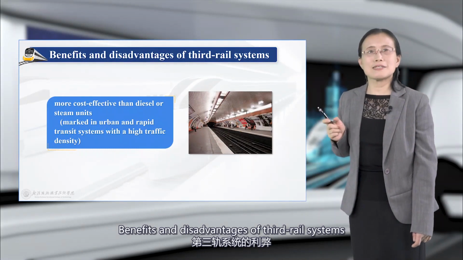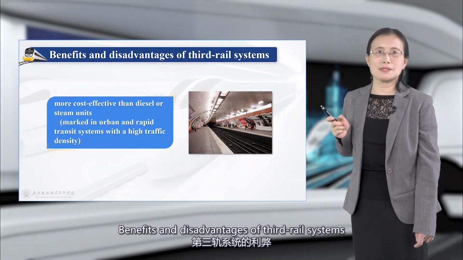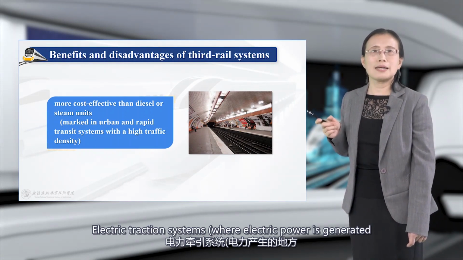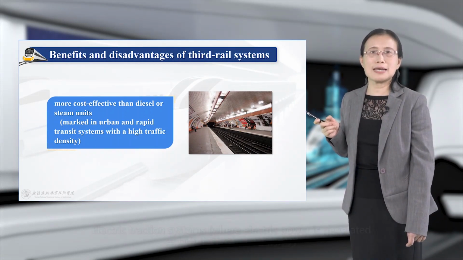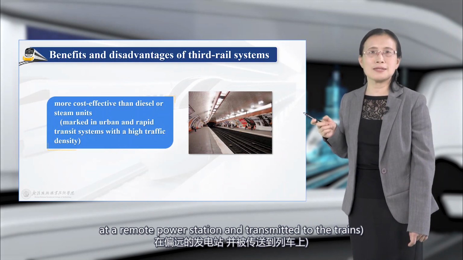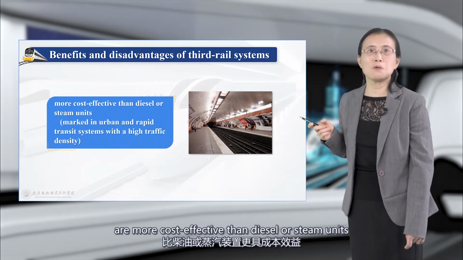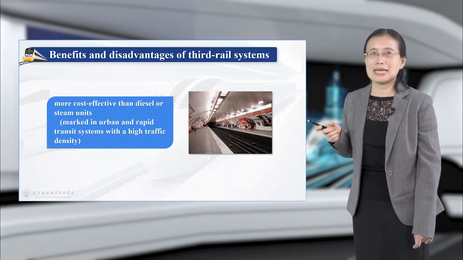Benefits and disadvantages of third rail systems. Electric traction systems, while electric power is generated at a remote power station and transmitted to the trains, are more cost-efficient than diesel or steam units.